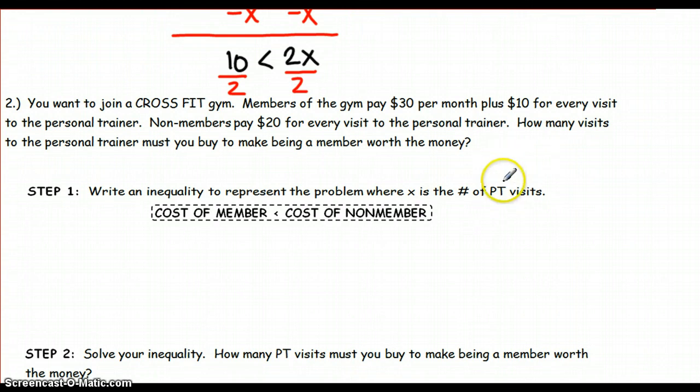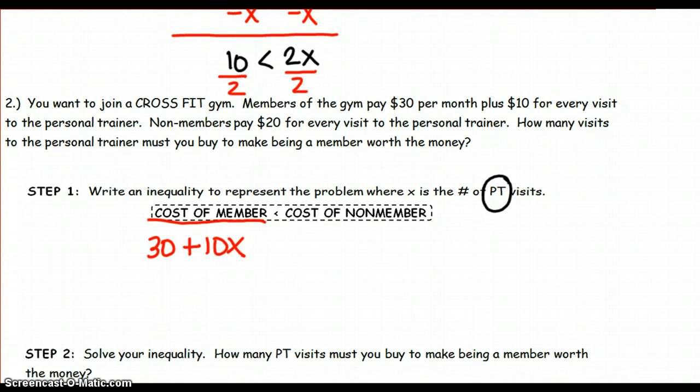The PT right here stands for personal trainer. So let's take a look at the cost of a member first. So here we're going to do the cost of a member. In sentence 2 it says members of the gym pay $30 a month, so $30 just to be in the gym, plus $10 for each visit to a personal trainer.